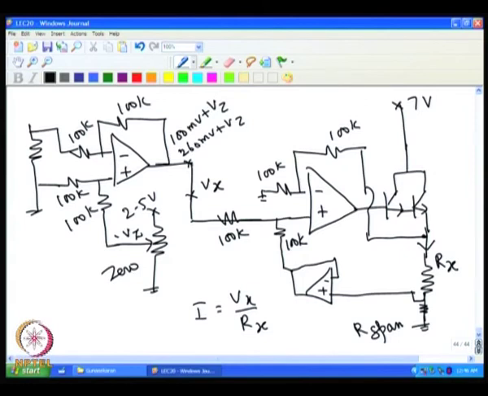So, we can select the Rx, and this can be any resistance, there is no problem; it can be equal to Rx or any other value. Essentially, the current flowing through this is now determined by Rx and Vx. It can be selected such that at the lowest voltage, that is 100 millivolt plus Vx, the total current is roughly about 4 milliampere.